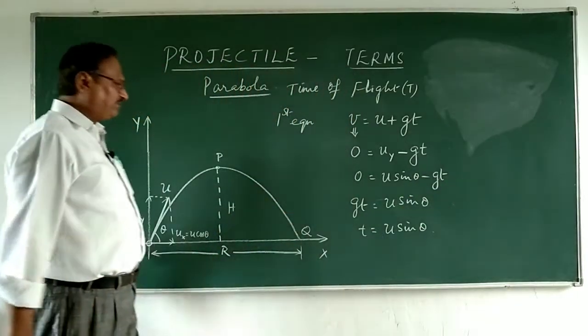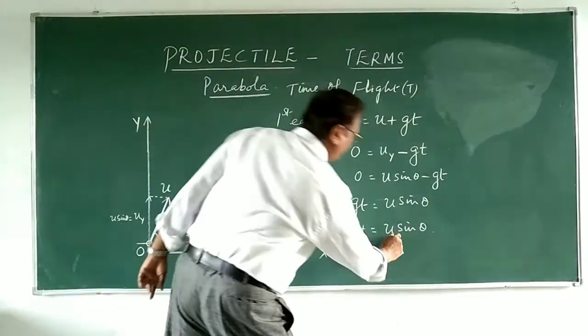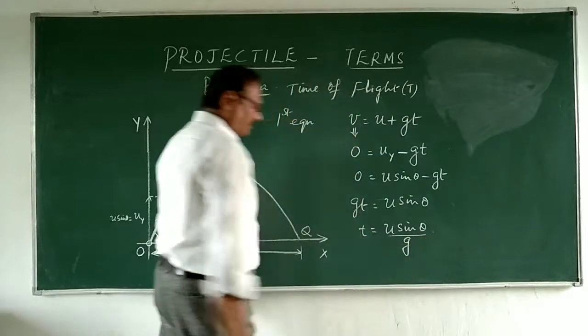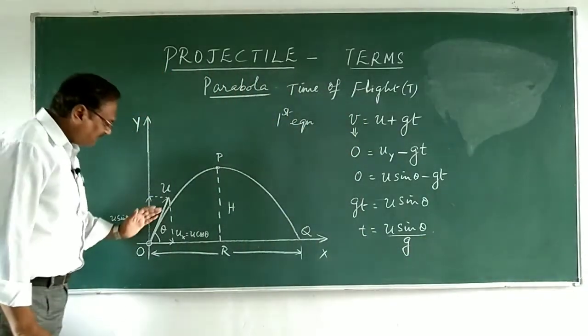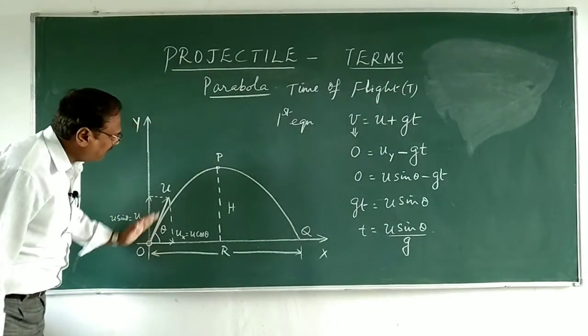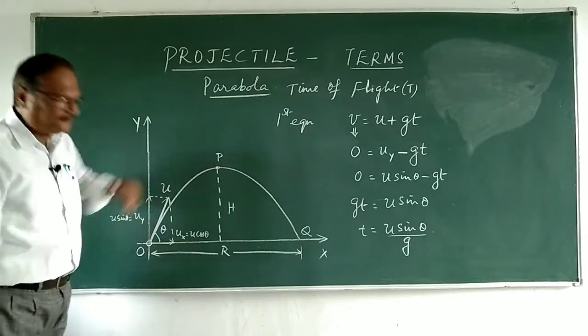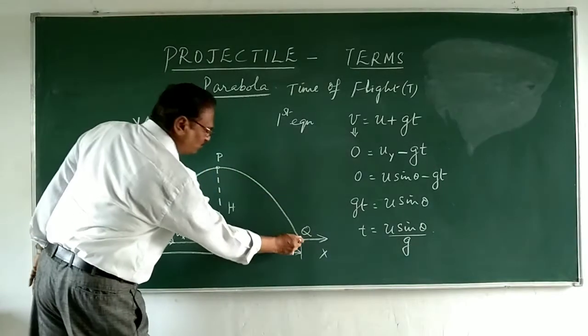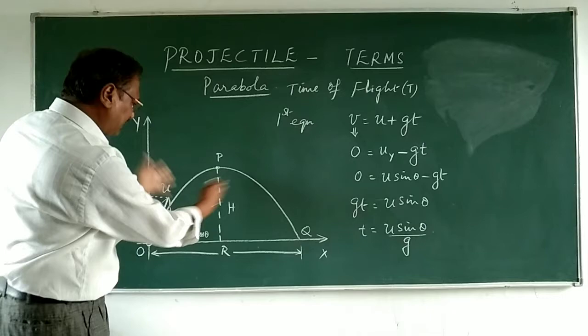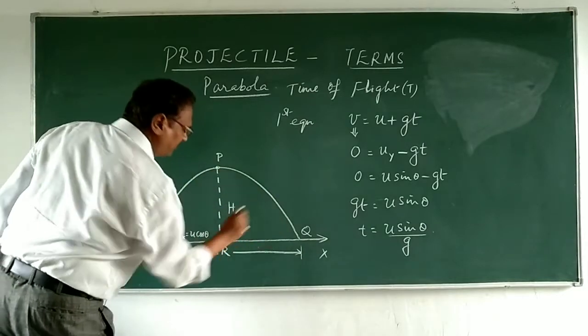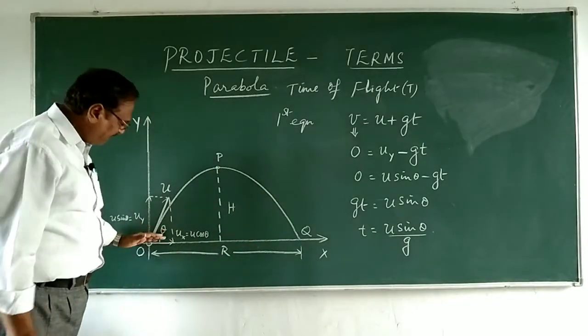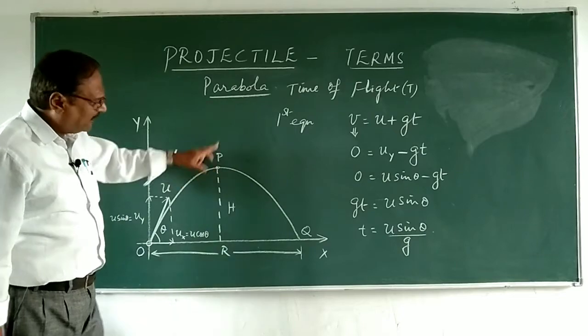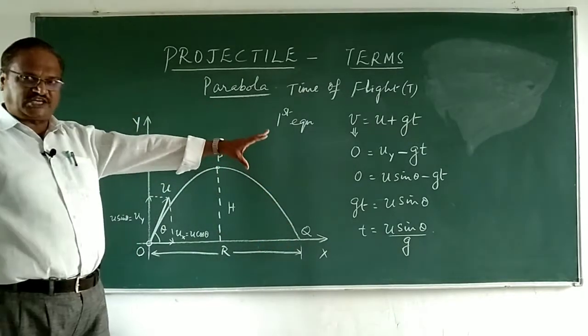or t is equal to u sin theta divided by g. Now what is this t actually? It is the time taken for the projectile to move the first half, OP. And what about PQ? Both shapes are symmetrical, so the time taken to travel the first half and to fall back will be the same.